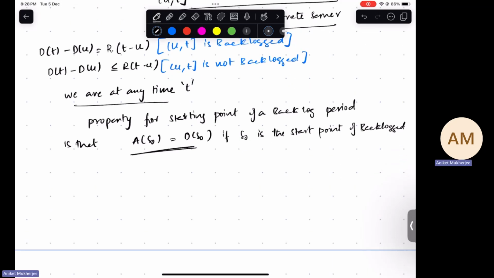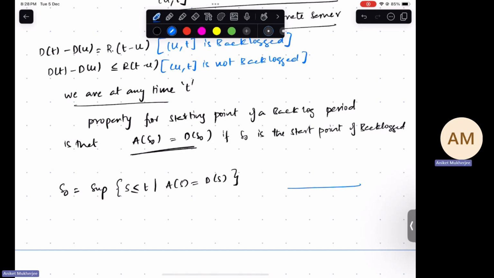Okay, so mathematically, how do you write s0? You write it as the sup of s less than or equal to t such that A(s) equals D(s). So you have your time axis t, and you're looking at all the values from 0 to t.